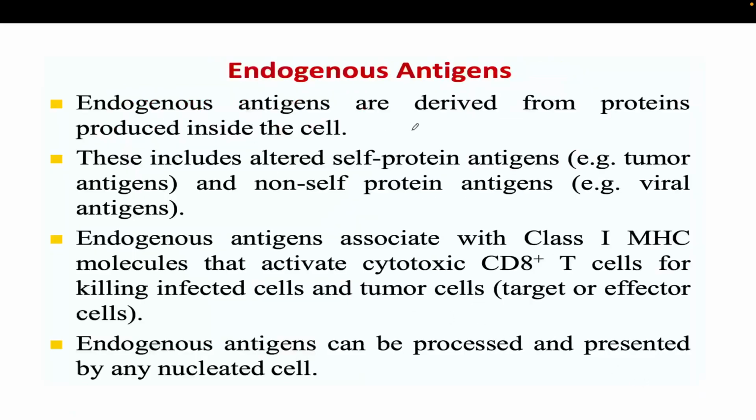Then endogenous antigens are derived from the proteins processed inside the cell. These include altered cell protein antigens, like sometimes it could be the self antigen also, like tumor antigens, and non-self protein antigens like viral, bacterial or parasitic antigens. Then these endogenous antigens associated with the class 1 MHC molecule activate the cytotoxic T cell or CD8 T cells for killing infected cells and tumor cells.